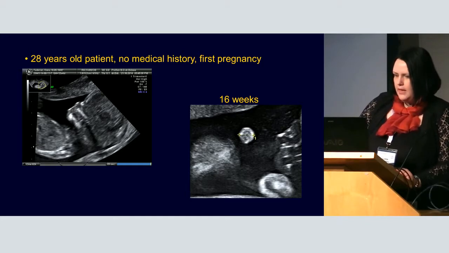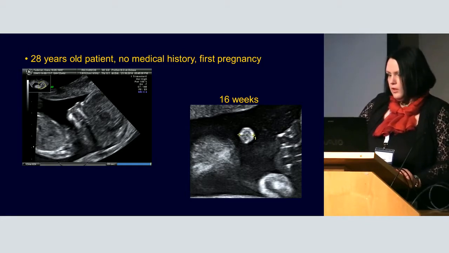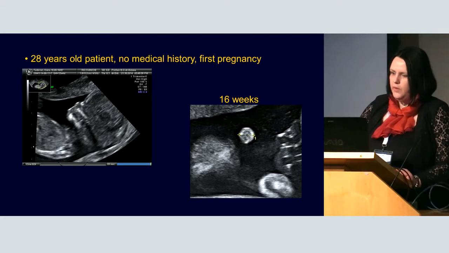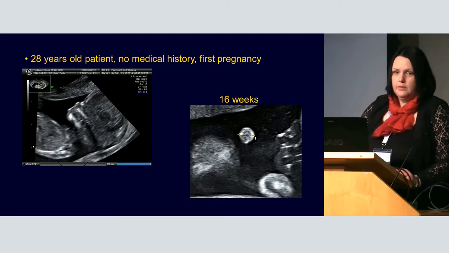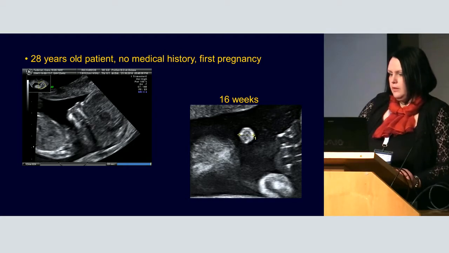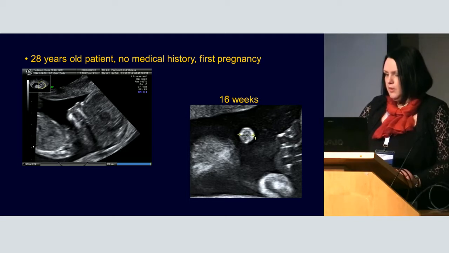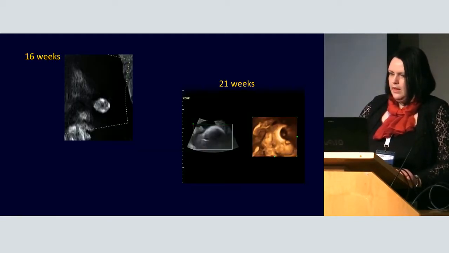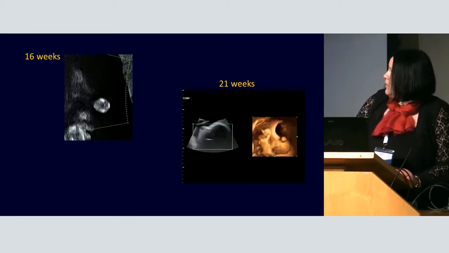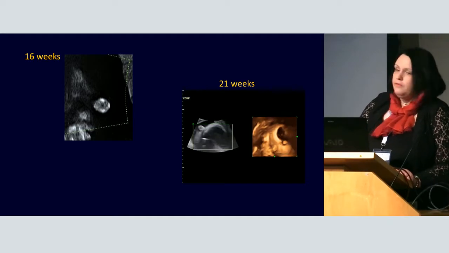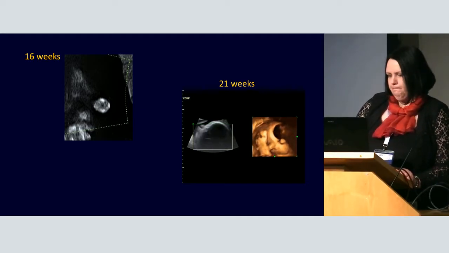The first trimester scan was absolutely normal, but at 16 weeks, we diagnosed something like this, which at first we believed was a teratoma or another kind of tumor. Later in pregnancy, for the second trimester morphological scan, we have this movie.